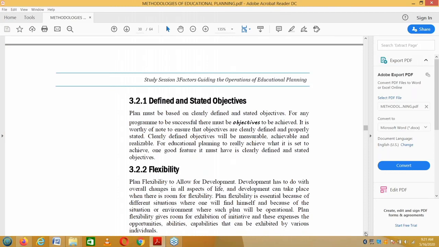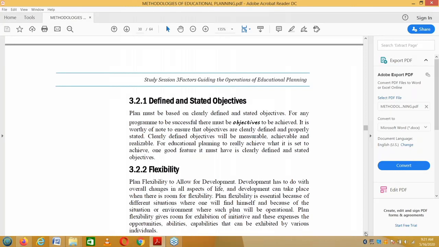If the pandemic progresses, definitely the students will lag behind and be affected. So they devised a means, which they incorporated in their plan, to help the students access their various classes online, which is very good. So every educational plan should be flexible enough to allow development.